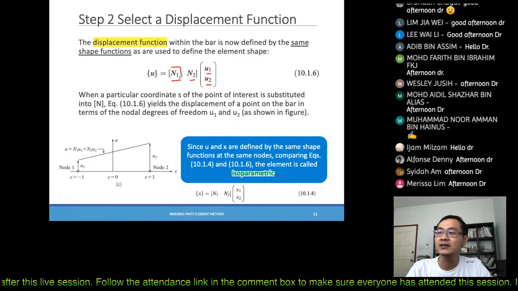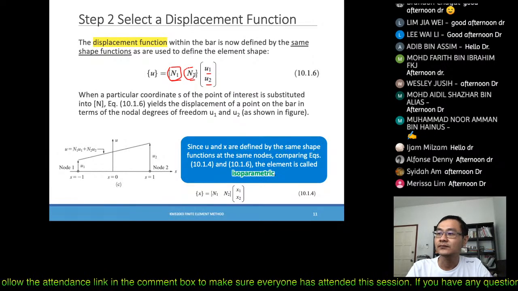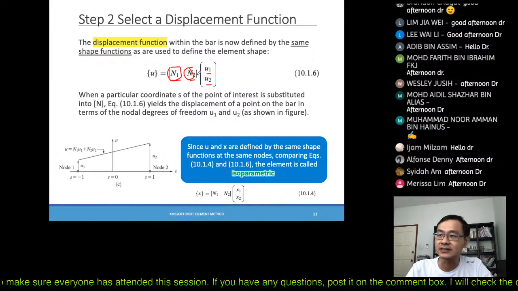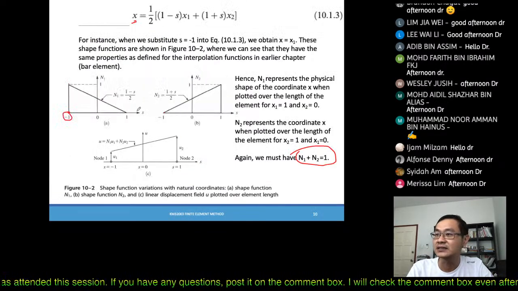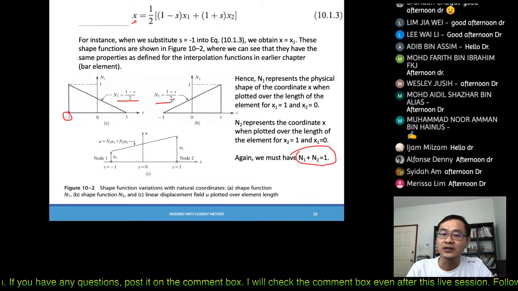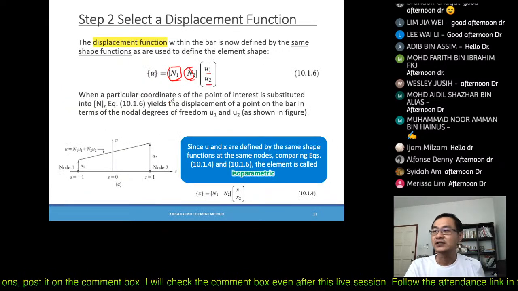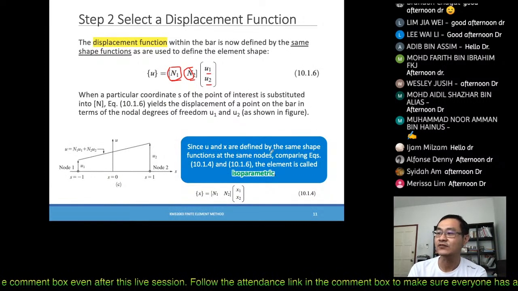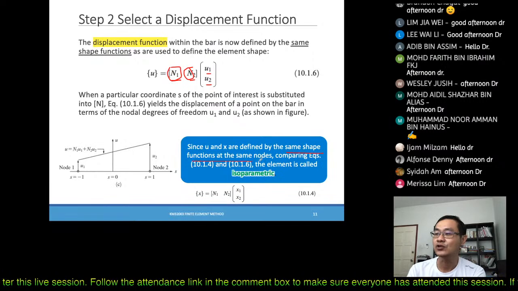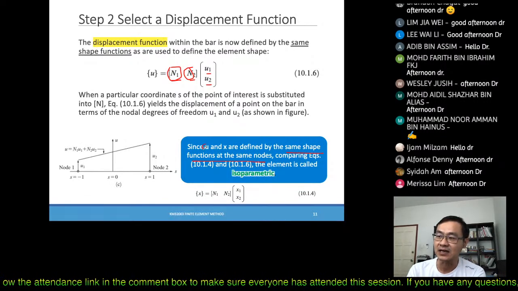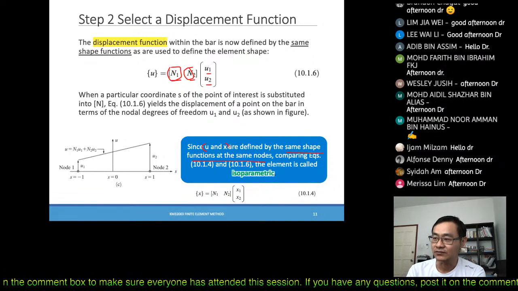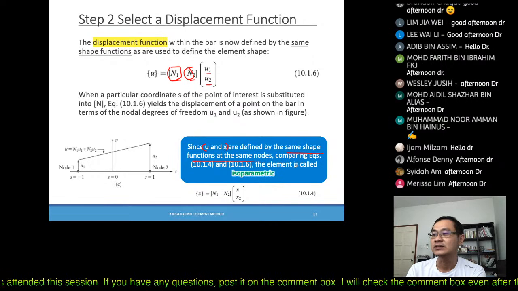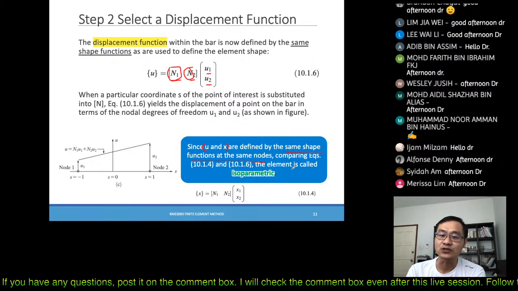This n1 and n2 is again the same as our previous formulations, the same n1 and n2 for the isoparametric. We notice that they are the same shape functions at the same nodes, regardless of whether it is about u or about x, then we say that the element is isoparametric.